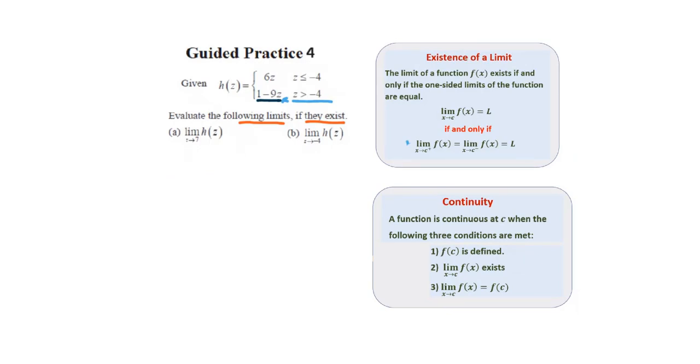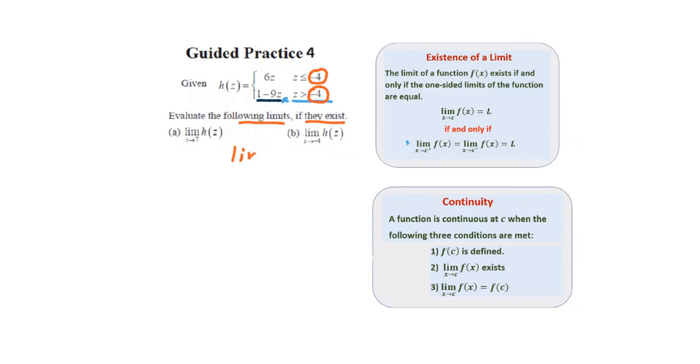For B, the limit as z approaches negative 4 of h of z. For this negative 4, you have to be careful, because the function you use when you figure out the limit from the right side is not the same as the one from the left.